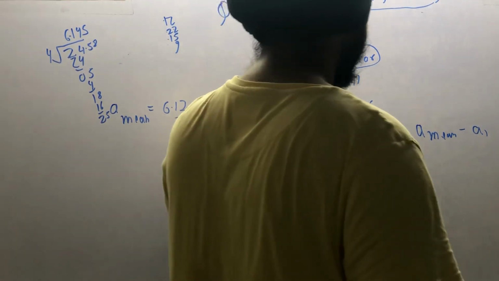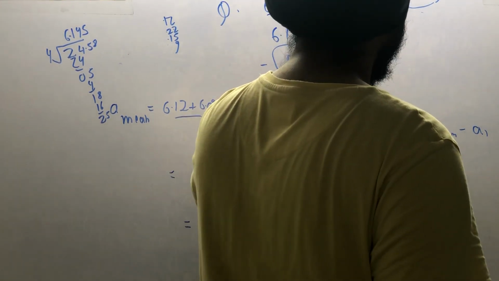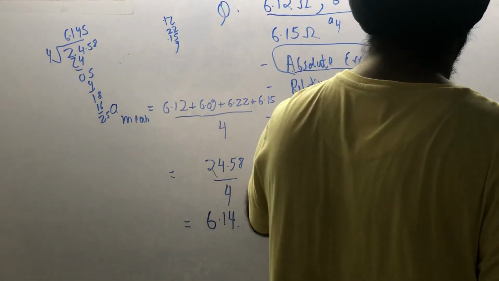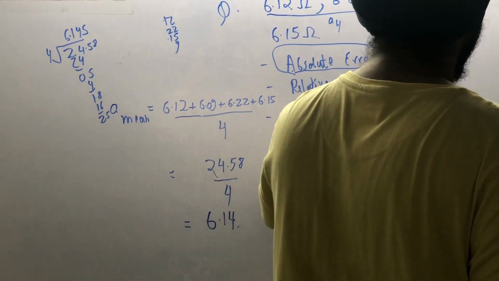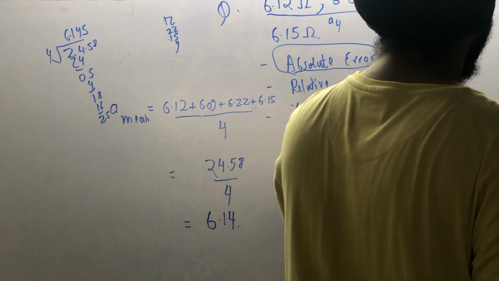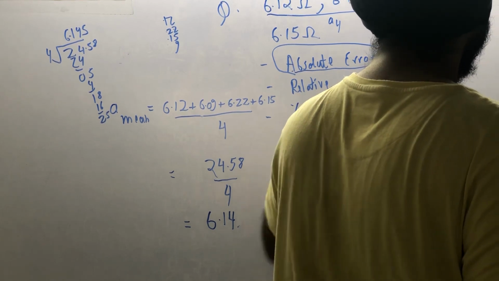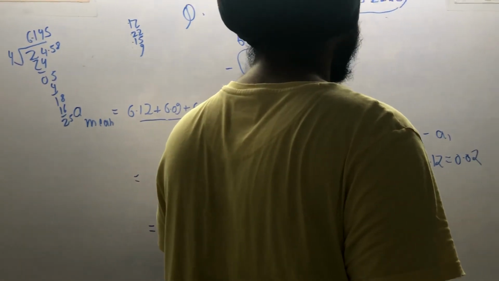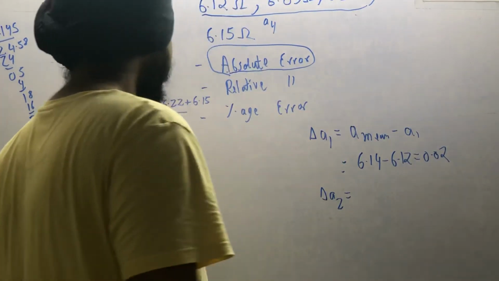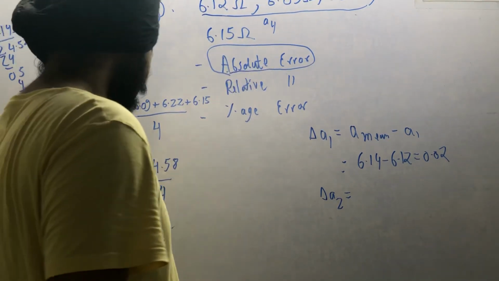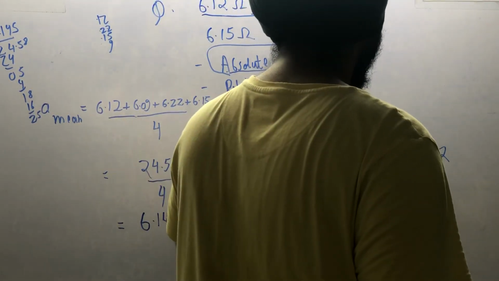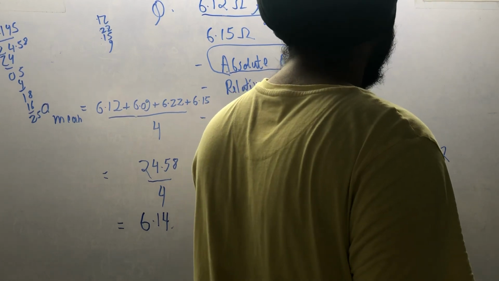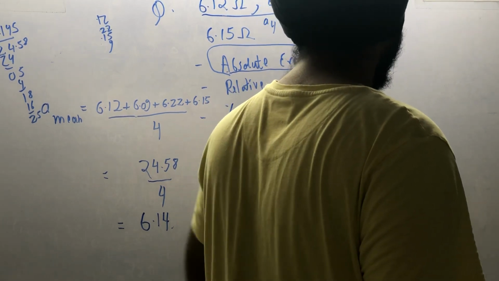Delta A1 is equal to A mean, which is 6.14, minus 6.12. This is 0.02. Delta A2, same, A mean minus A2: 6.14 minus 6.09, 0.05.